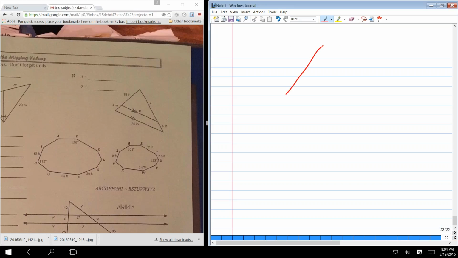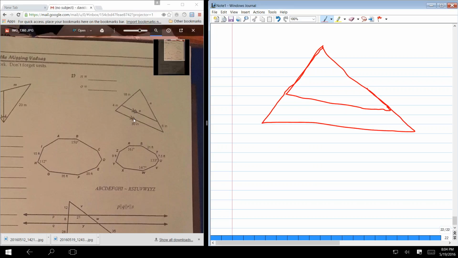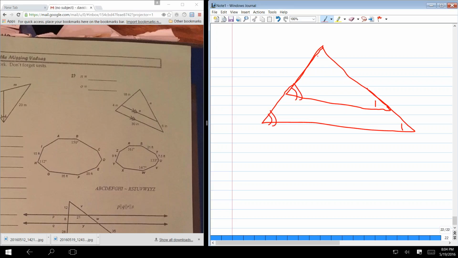In other words, one of the triangles is the top one, and the other triangle is this one. And they're similar because these two lines are parallel. The fact that they're parallel makes that angle equal to that angle, and this angle equal to this angle, which means this angle is equal to itself.